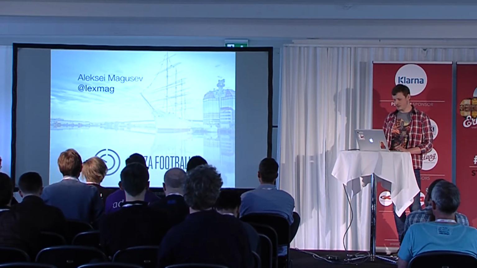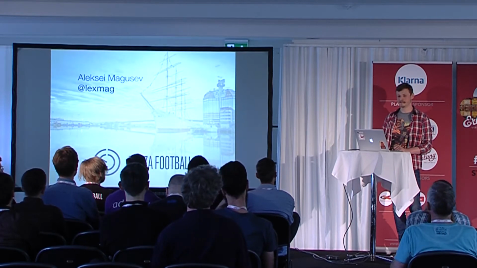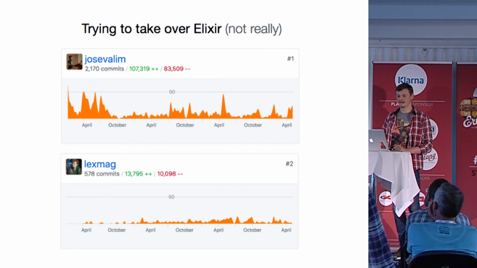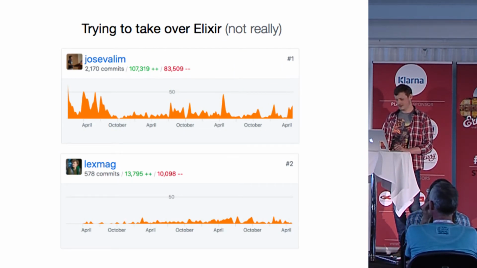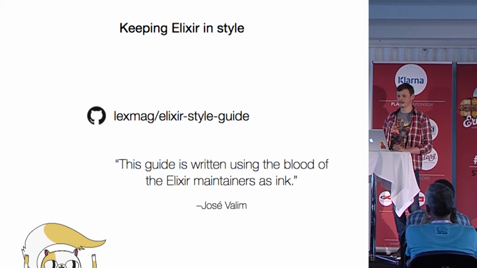But before we go in, my main goal besides building push notification systems is, of course, to take over Elixir and make ML style syntax. But I failed horribly, as you see. But at least I can put style in Elixir. And this link is the actual style guide that we are trying to follow right now.